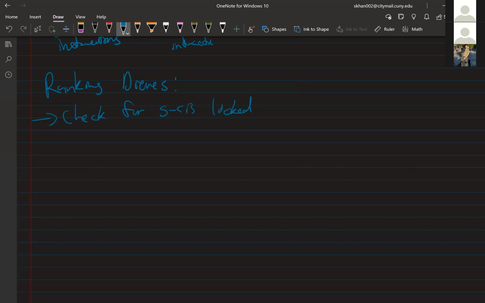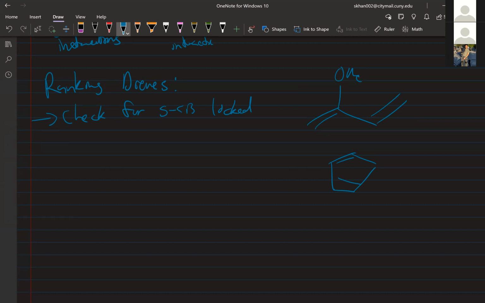So always check first if you have a locked S-cis configuration, right? So if I compared something like this versus cyclopentadiene, automatically one is locked into S-cis, right? It doesn't even matter if I put in an electron donating group. The cyclopentadiene will always be more reactive, because you don't need that much energy.